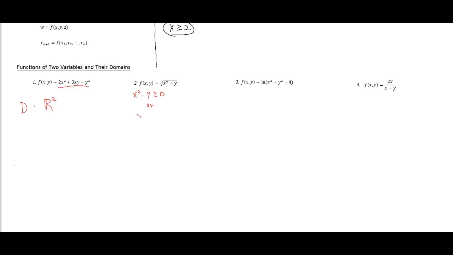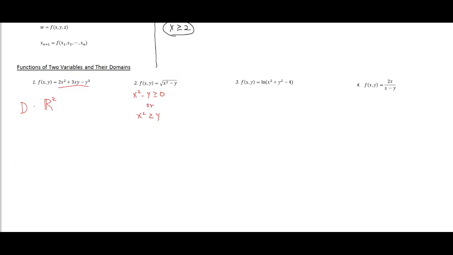Or another way of writing that, by moving the y over, is x squared has to be greater than or equal to y. Now in this particular case, we can actually sketch the region that's being described by this inequality.